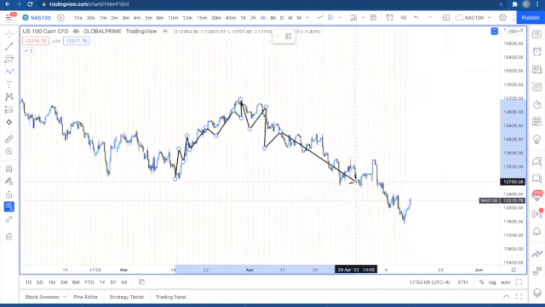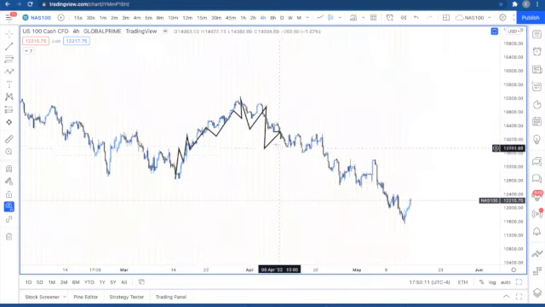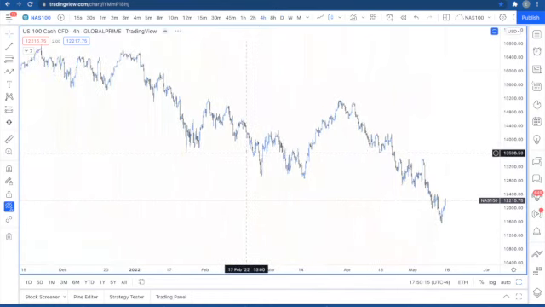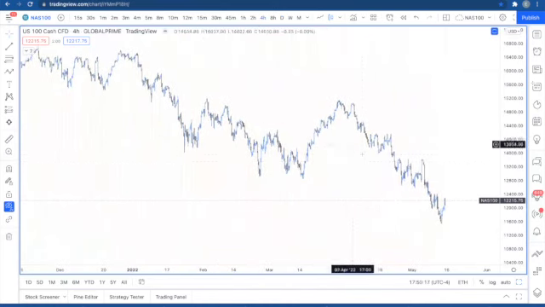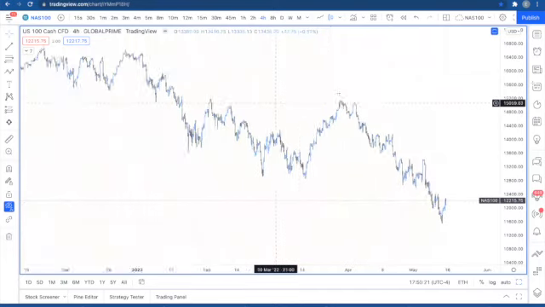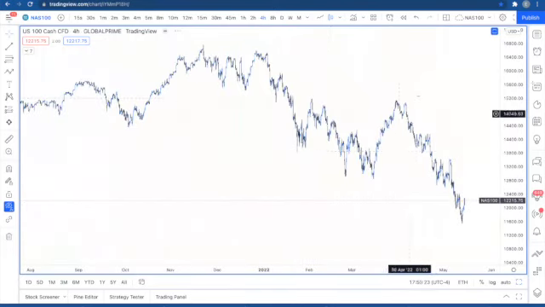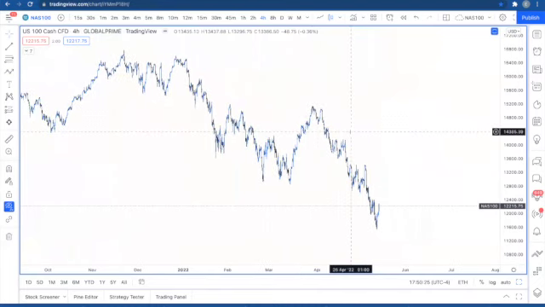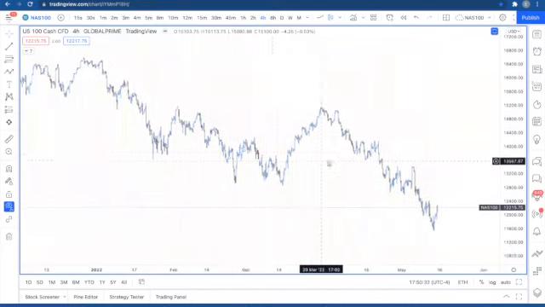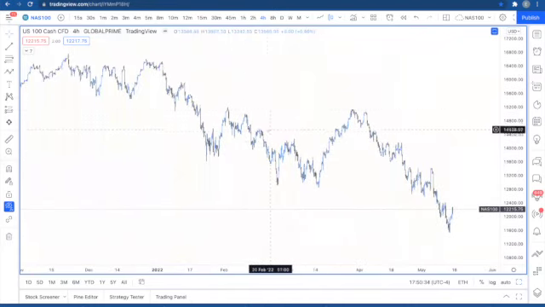And that's why we have to really and truly understand what market structure is, what is happening, where you are today in the bigger scheme of things. All right, so I hope this video helped. That was a very basic explanation of market structure.